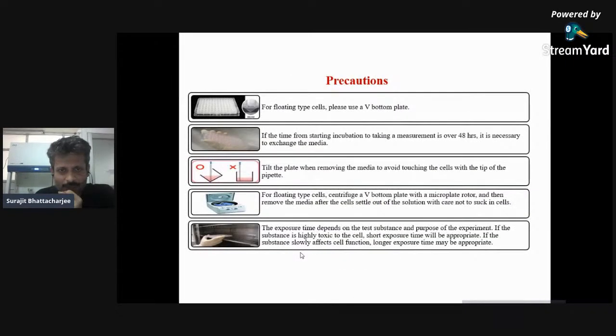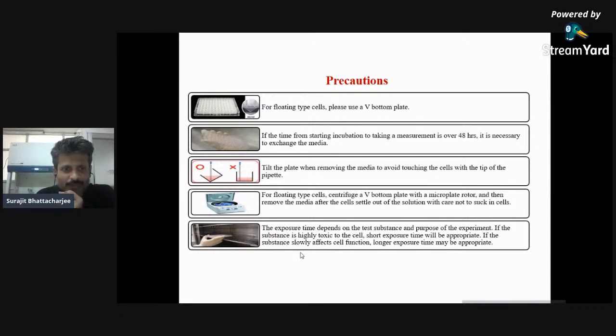And then these are the precautions we need to take when we are carrying out the experiment. If the cells are in suspended condition, then we generally prefer to use a V-bottom plate. Whereas if the time from starting incubation to taking measurement is over 48 hours, it is necessary to exchange the media, or rather remove some part of the media and add fresh media.